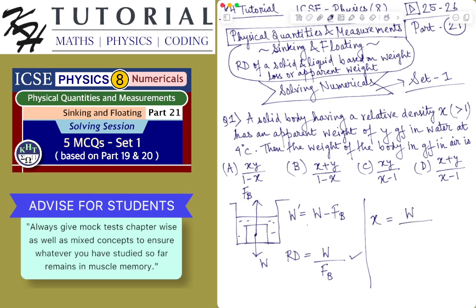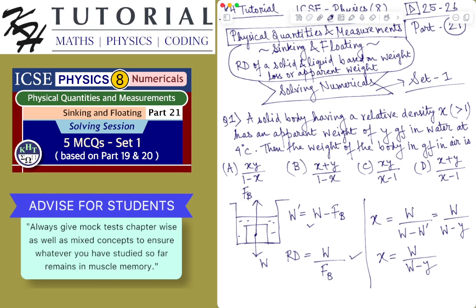Fb from this equation we know will be W minus W dash. Now this becomes equal to W minus W dash. Apparent weight in the problem is given to be y. So the equation we get is x is equal to W divided by W minus y.